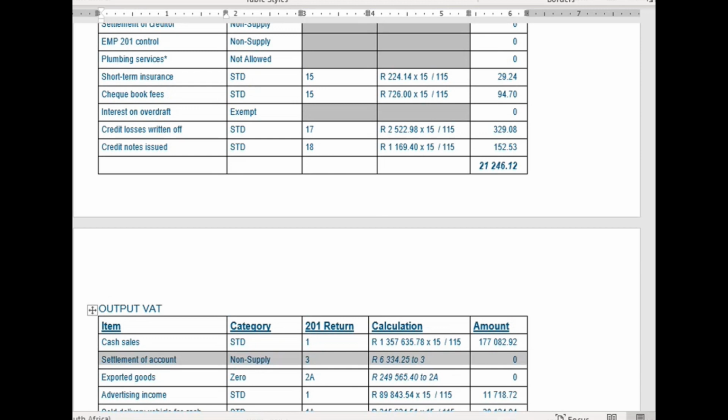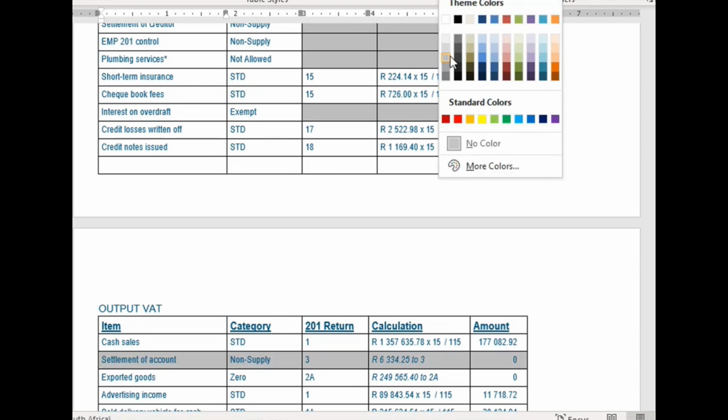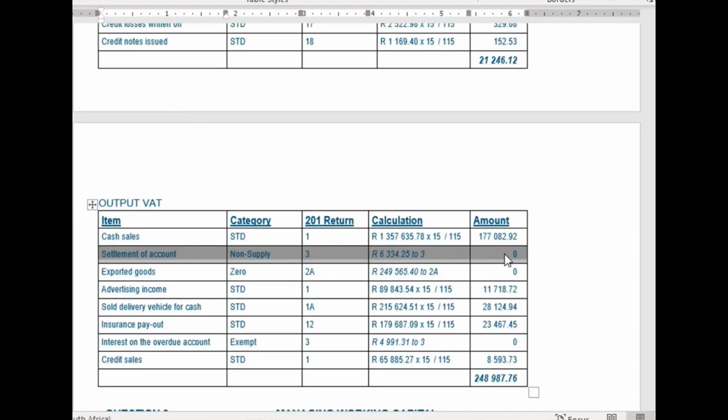But, there is a but. Even though it is 0, we will have to put it on under point 3 on the 201 return. Okay, because there is a category for non-supplies, exempt and non-supplies.